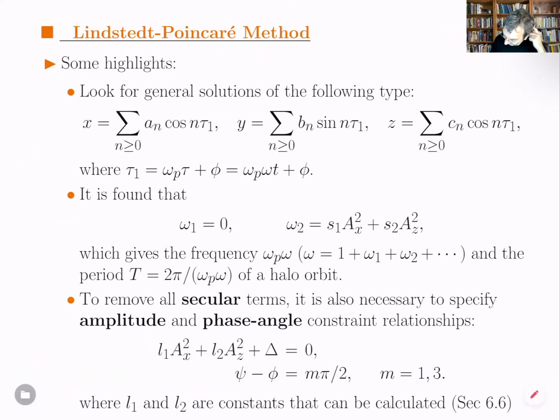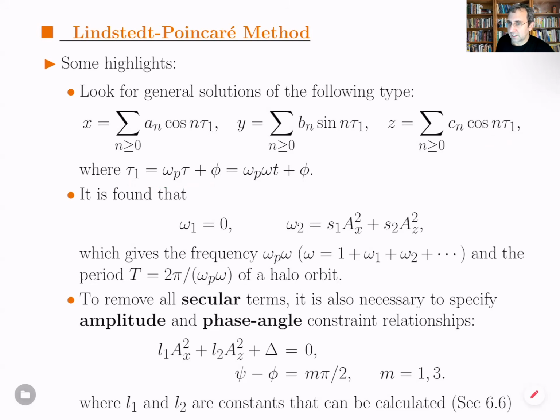So just some highlights of what the method does. We're going to look for solutions that are of this type, where x, y, and z have coefficients that will be solved for. And then we're going in higher and higher powers, or cosine and sine n tau 1, where tau 1 is omega p tau plus a phase.